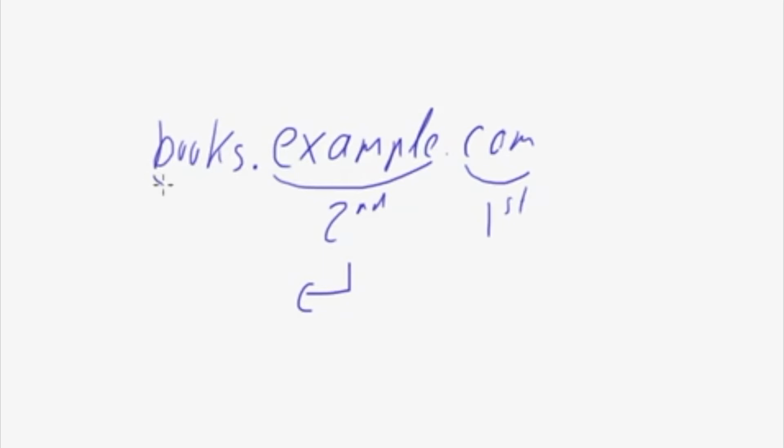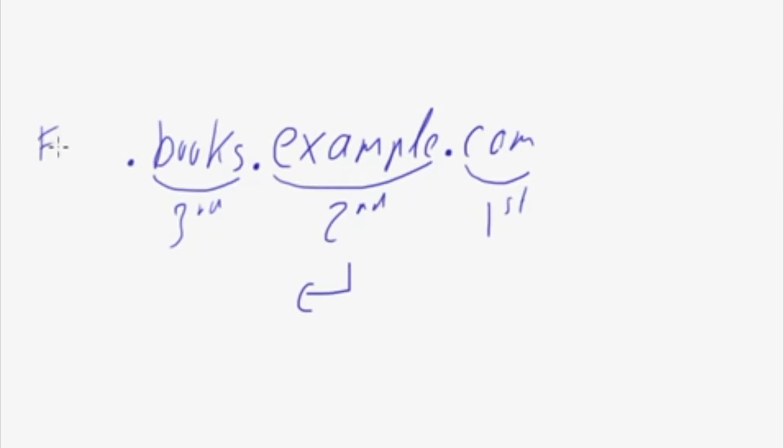And a subdomain like this third level domain has a dot between it and the second level, the same thing as this dot here between the second level and the first level. And you can add any number of further domains down the line.